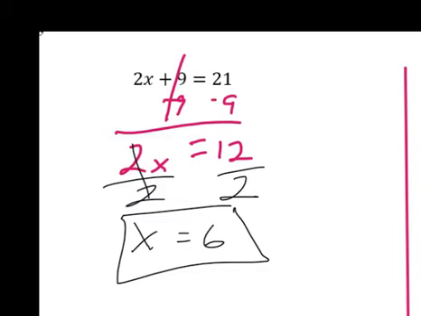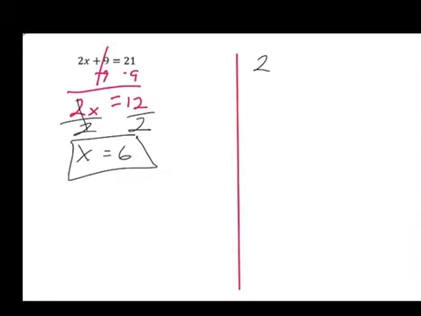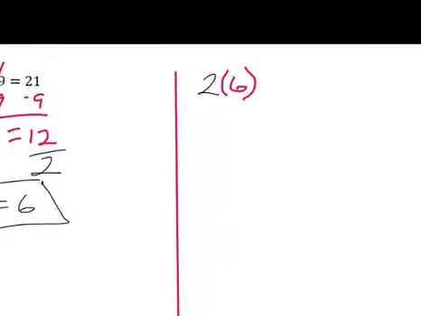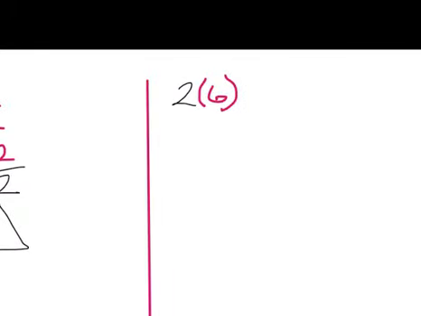Remember, check your answer. Do not ever forget to check your answer. Notice 2x, so instead of the x, I'm going to plug in a 6. So 2 times 6 plus 9 equals 21.